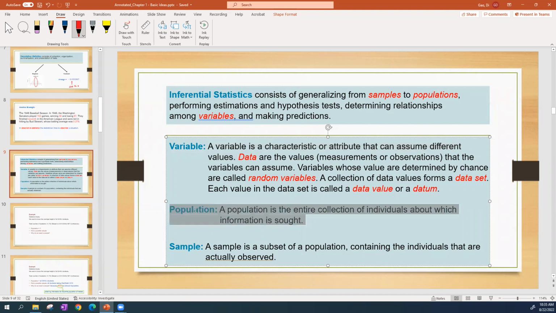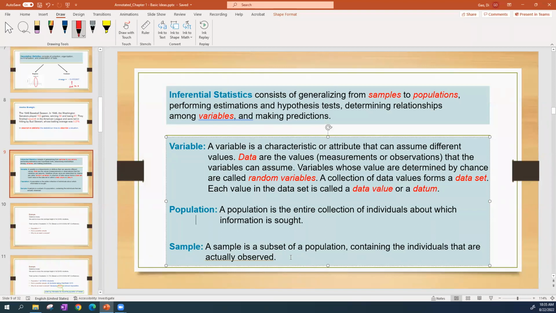So if we want to look at the average height for SHSU students, then all SHSU students form this population because it's the entire collection of individuals. And a sample is a subset of a population containing the individuals that are actually observed.